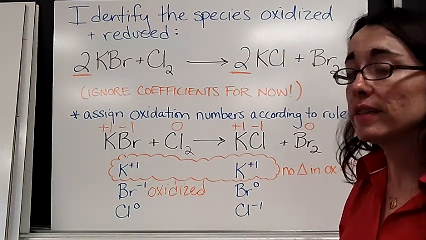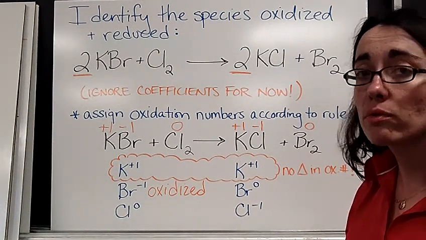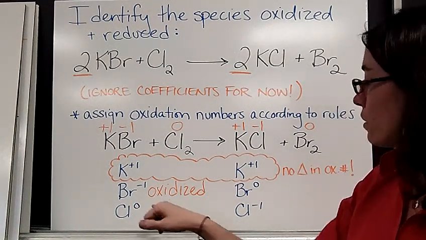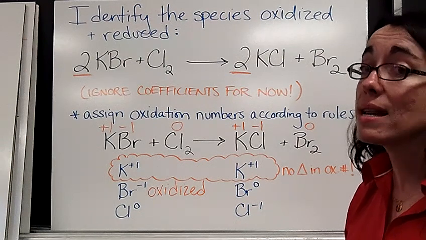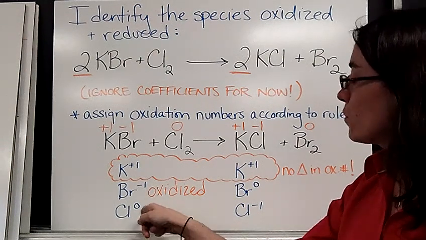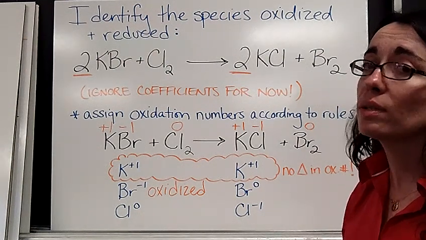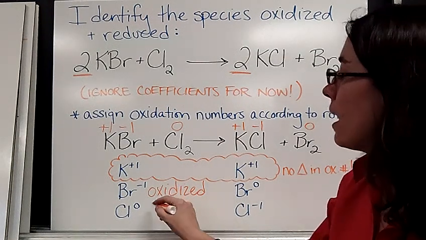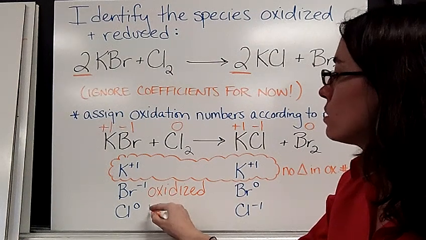I look at the chlorine and I see how that changes through the reaction. I see my chlorine starts with an oxidation state of 0. Through the reaction, it winds up at a -1. So through that reaction, the chlorine actually gains an electron. GER tells me that that has been reduced.